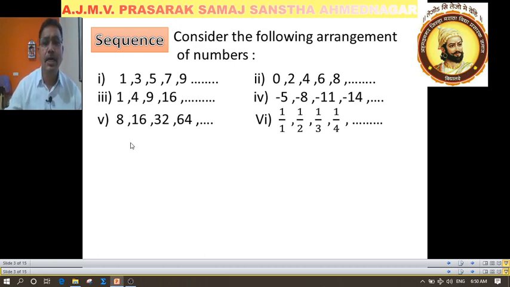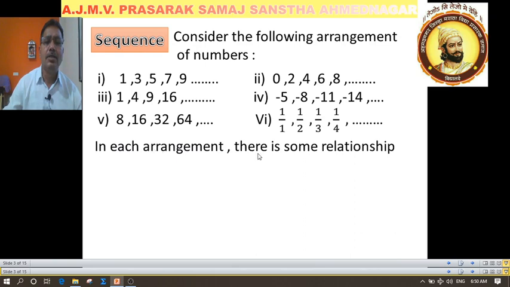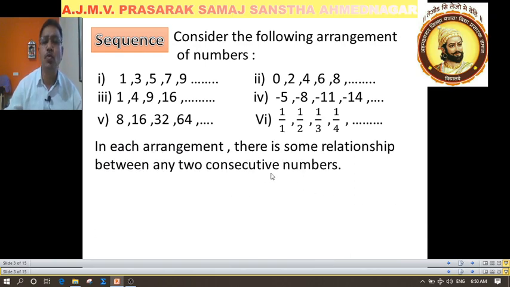Now see here, in each arrangement there is some relationship between any 2 consecutive numbers. That is, the arrangement is written by a definite order and a definite rule.